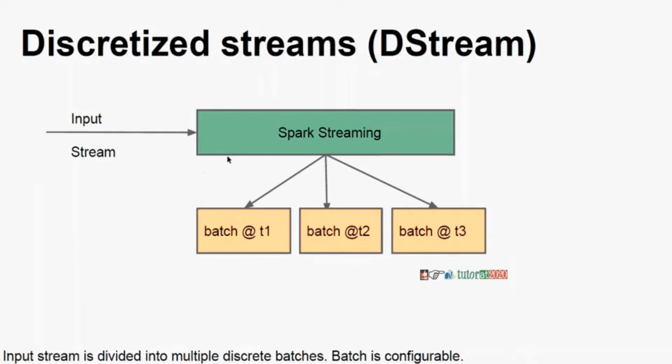The D stream that has been created from this streaming source will have micro batches for every time unit that you specify, that you configure, for this D stream. So the D stream would consist of multiple micro batches of data, and each of those micro batches of data is in turn represented as RDDs.